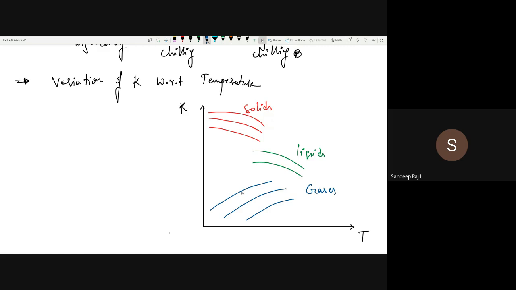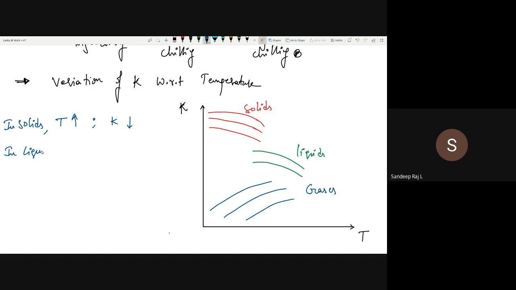So what we want here is what happens to the thermal conductivity if the temperature is varying. Let us look at the case of solids first. In solids, if the temperature is increasing, what is happening to the thermal conductivity? Is it increasing or decreasing? Look at the graph and tell me. Decreasing. Good.